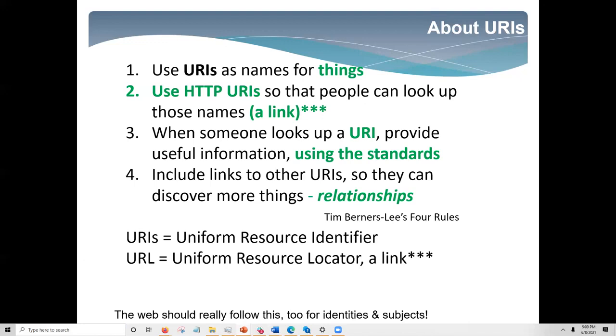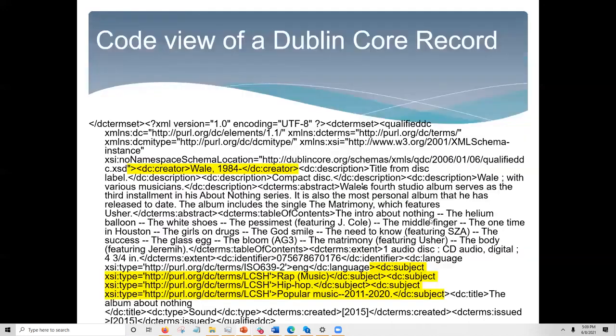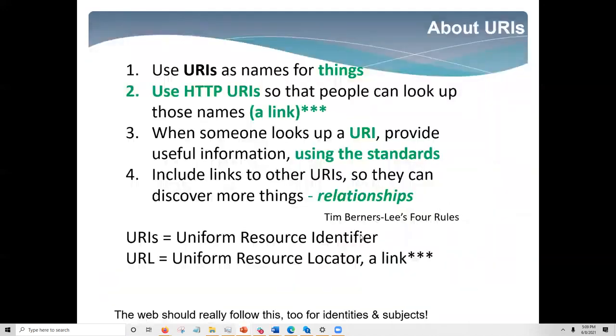So we're going to be focused on a link, which would be the URL part of this. So you use URIs as names for things. So instead of putting Flanagan, Terry, we're going to use a link. Well, there's our first rule. Actually, our first rule is to use the URI as a name.